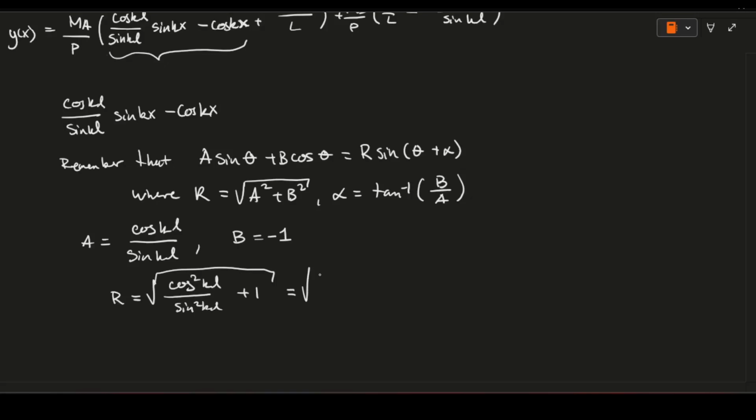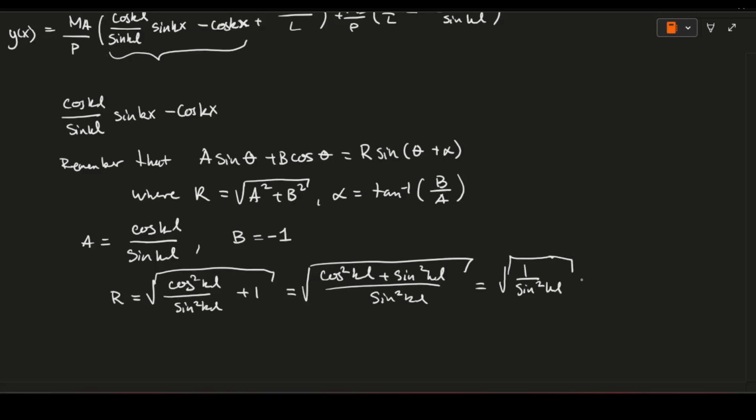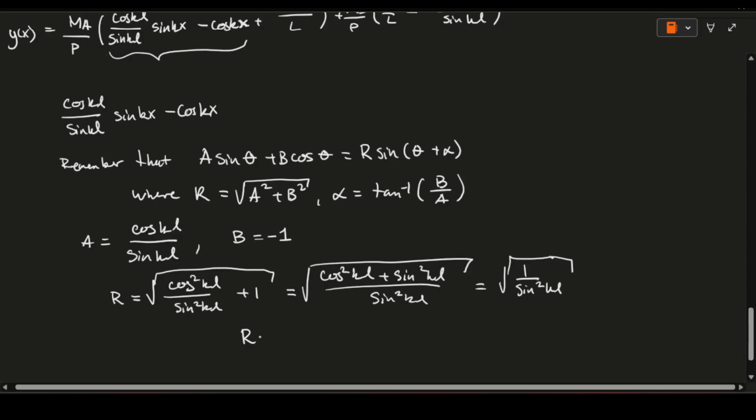This is equal to cosine squared KL plus sine squared KL all over sine squared KL. This is of course equal to 1 over sine squared KL. So r is then equal to 1 over sine KL.